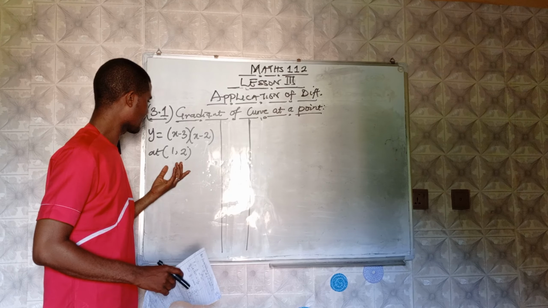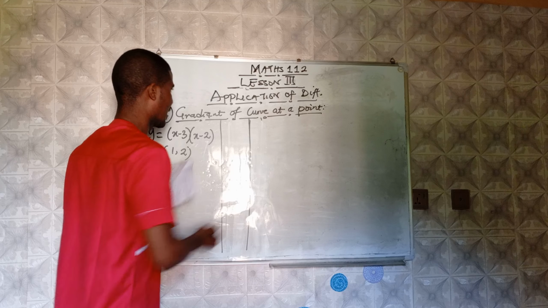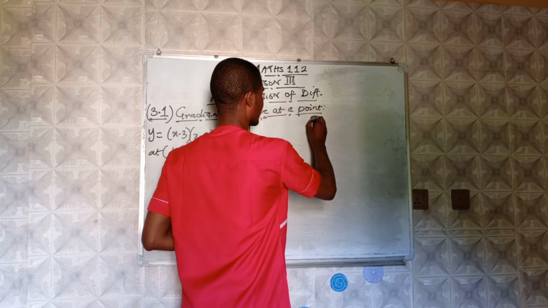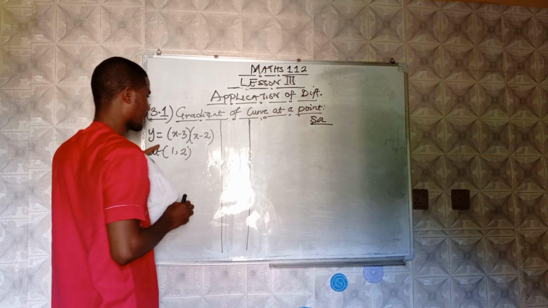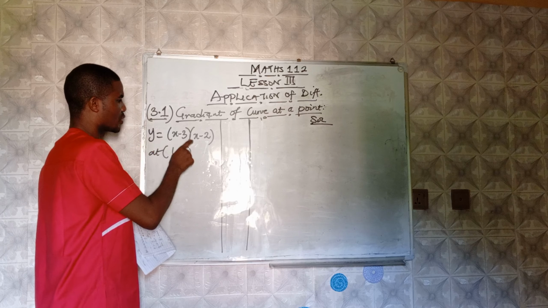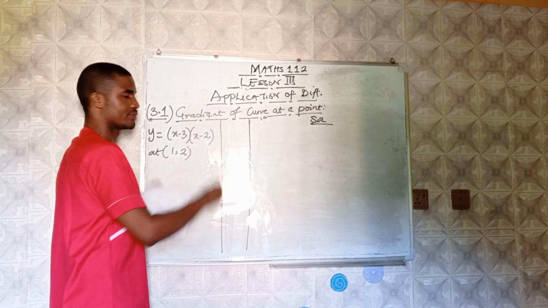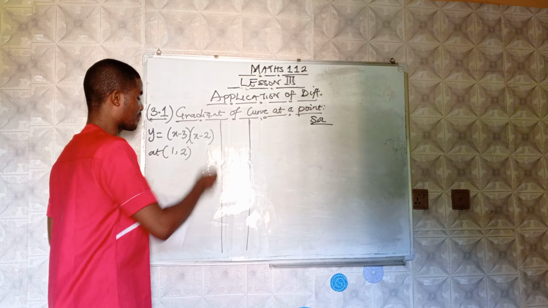So at this point, I'm going to solve here. Solution: I'm going to differentiate this. Looking at this now, you see that this one would be the product rule, so first of all, I would like to expand.